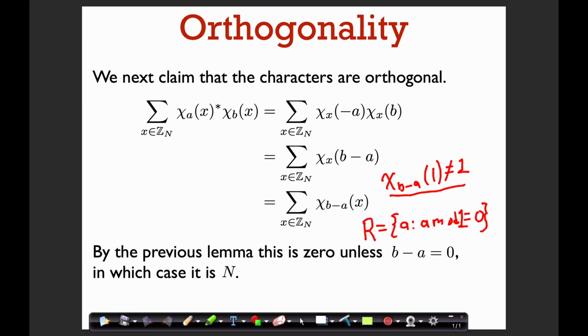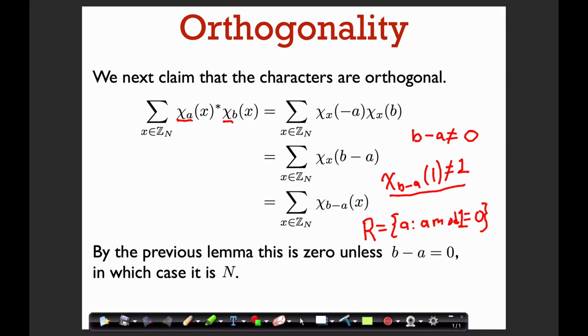Okay, and this will hold as long as b minus a is not equal to 0. Okay, so as long as we're not taking the same character here, this dot product is going to be equal to 0.